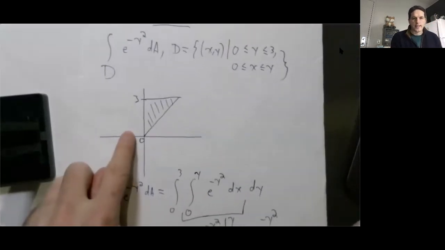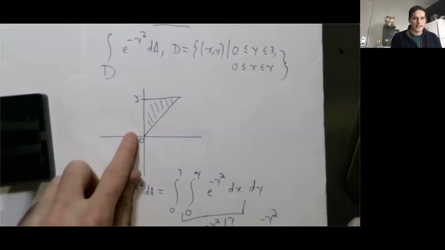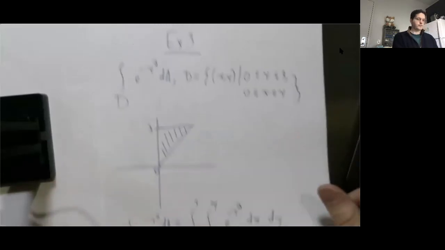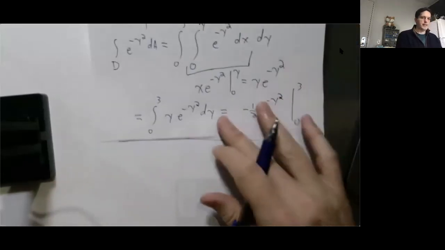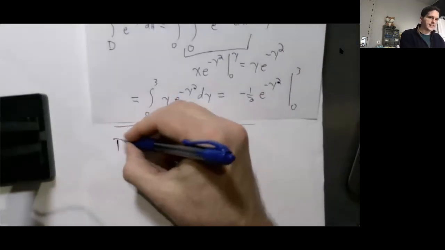Now it's interesting to look at what would have happened if we had taken the same region D, but instead of viewing it as a type 2 region, we could have viewed it as a type 1 region. If you view this as a type 1 region, then we're going to think of D like this.